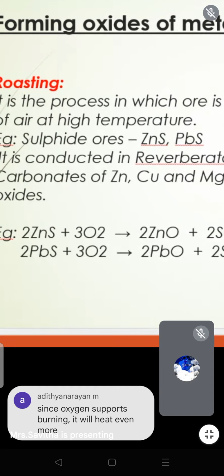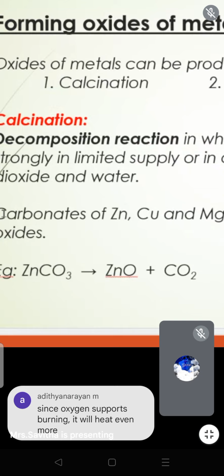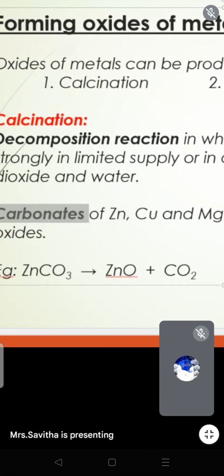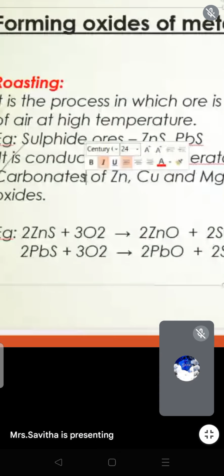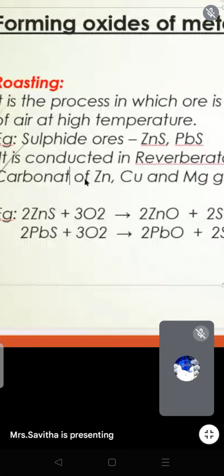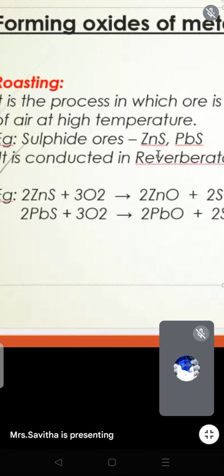Which type of ore did we take there? We took carbonates.